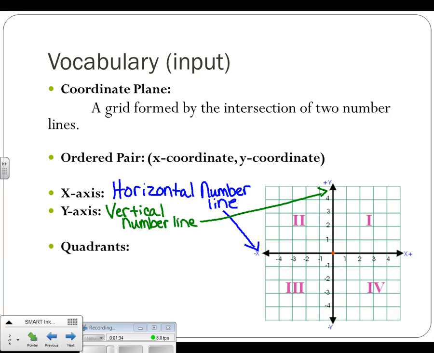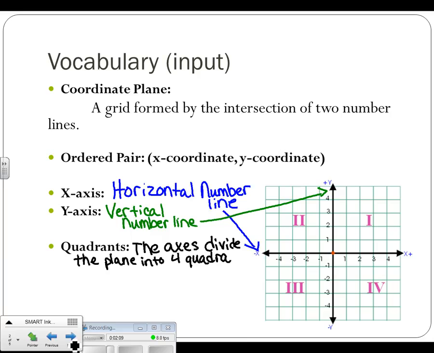Quadrants, this is what happens when you have the axes intersecting and it divides the plane into 4 quadrants. So the axes, which are your x and your y axis that we just labeled and defined, divide the plane or the grid into 4 quadrants.